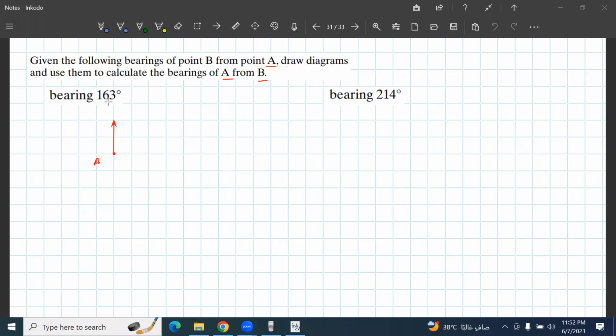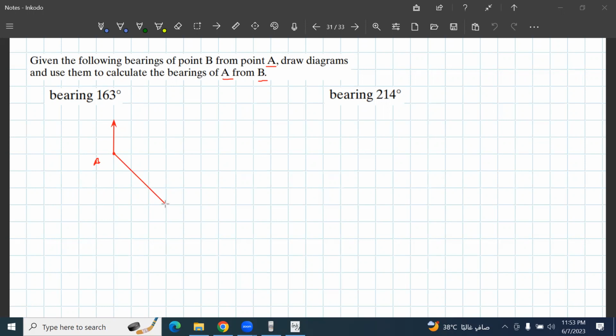But 163 is given. For example, we are not using a protractor, so I can say that this is 90 degrees. If I move down, this is 180 degrees from north. And if I move this side, it means it is 270. And this is less than 180, like for example, here 180. So this is less than 180.